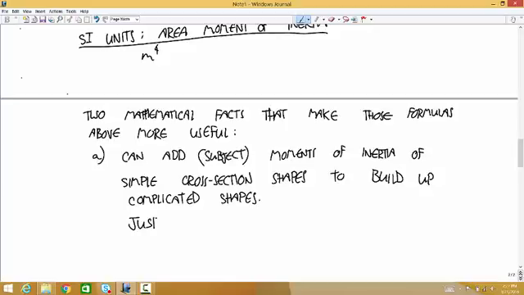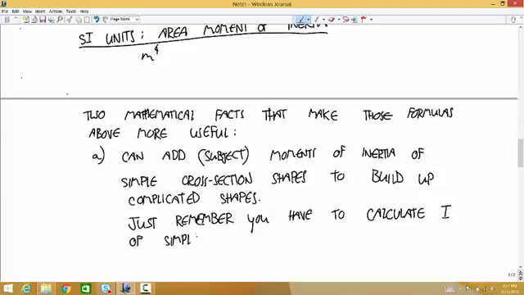So just remember, you have to calculate the moment of inertia of the simple shapes about the neutral axis of the complicated shape.